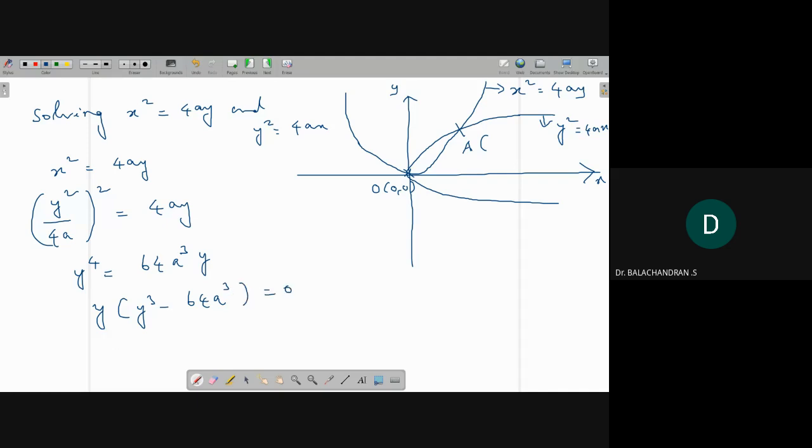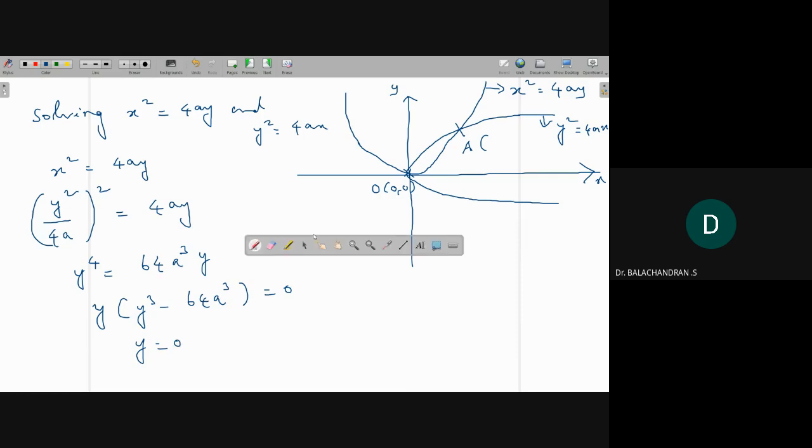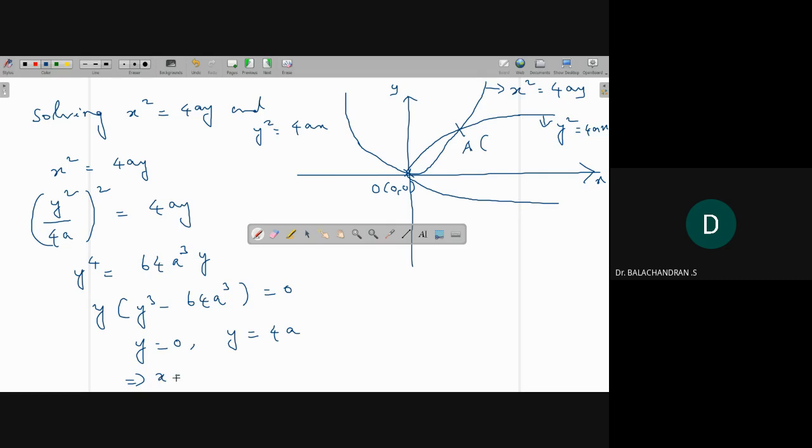So from this y equal to 0, or y cube equal to 64a cube means y equal to 4a. If y equal to 0 implies x is equal to 0. If y equal to 4a implies x square equal to 16a square, x is equal to 4a. So intersection point is 0, 0 and 4a, 4a.